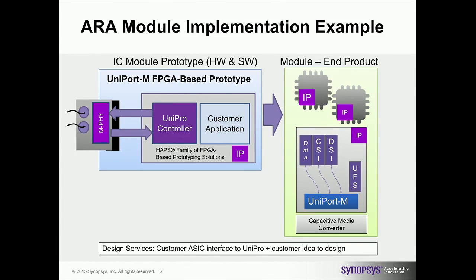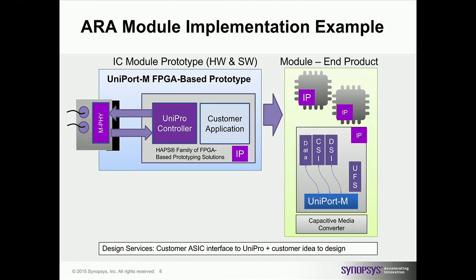And of course, UniPort-M, or UniPro and M-PHY all together, are required for you to connect to the outside world, or module to module. But in addition to that, the FPGA allows you to really develop the application itself. This is really the secret sauce, the innovation, really what you want to create here, and it allows you the flexibility to change the hardware, do some design trade-offs, and also develop your software.